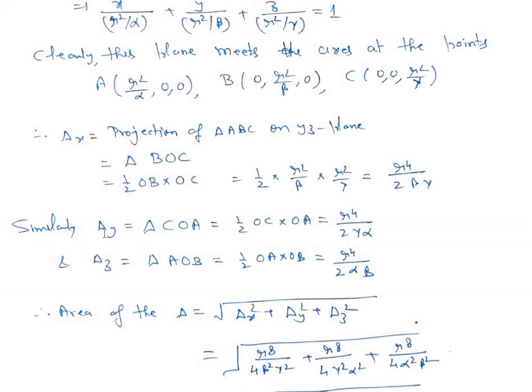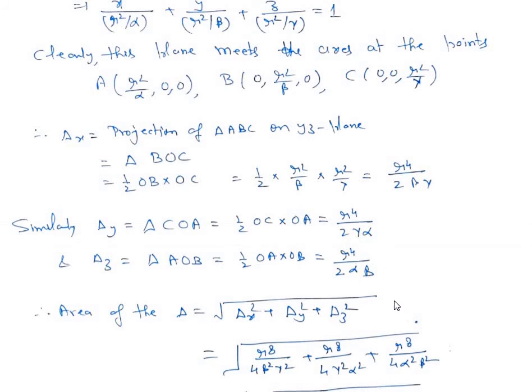Similarly, delta y is the projection of triangle ABC on the zx plane, that is triangle COA, which is half OC into OA, and this is r to the power 4 upon 2 gamma alpha. And delta z is the projection of triangle ABC on the xy plane, that is triangle AOB, which is half OA into OB, which is r to the power 4 upon 2 alpha beta.